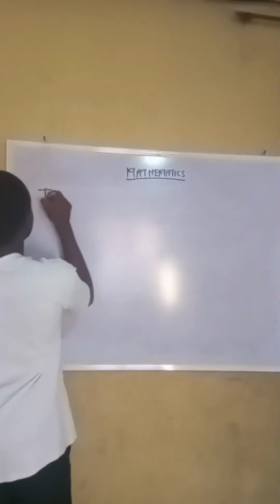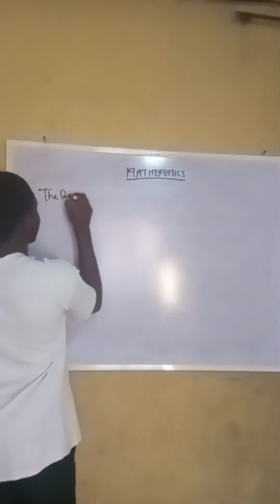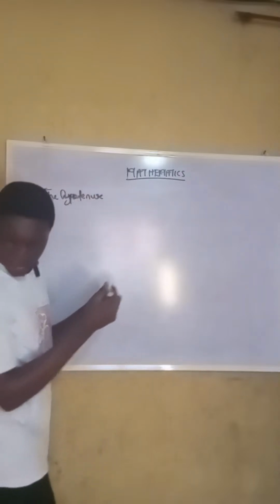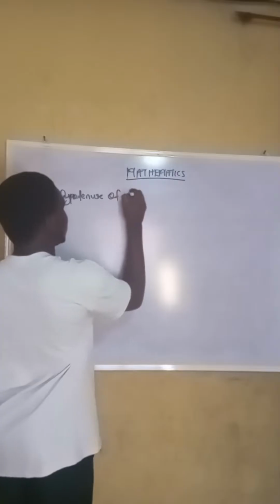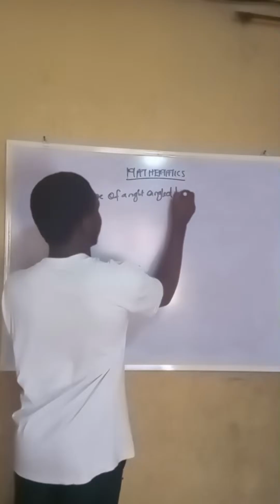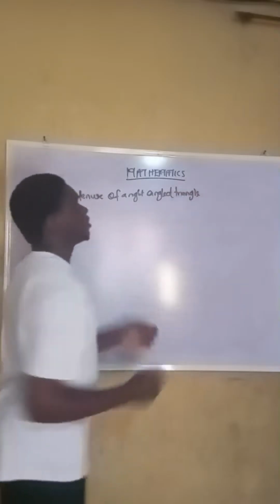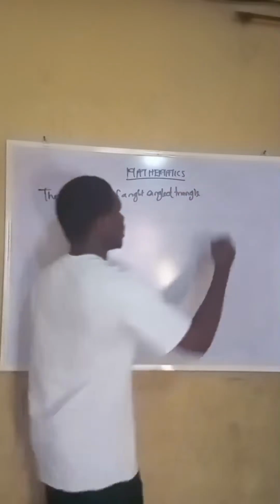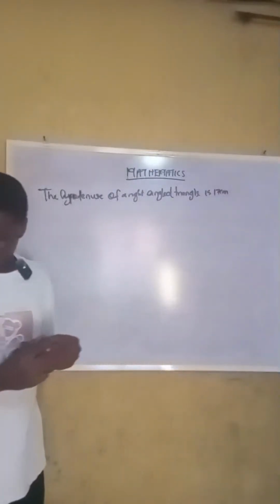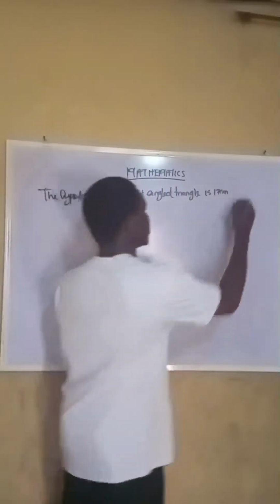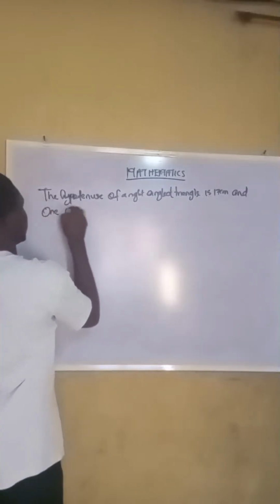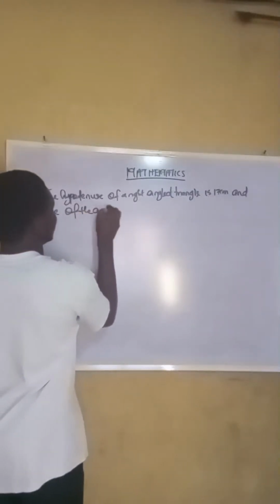The hypotenuse of a right angled triangle is 17 centimeters.